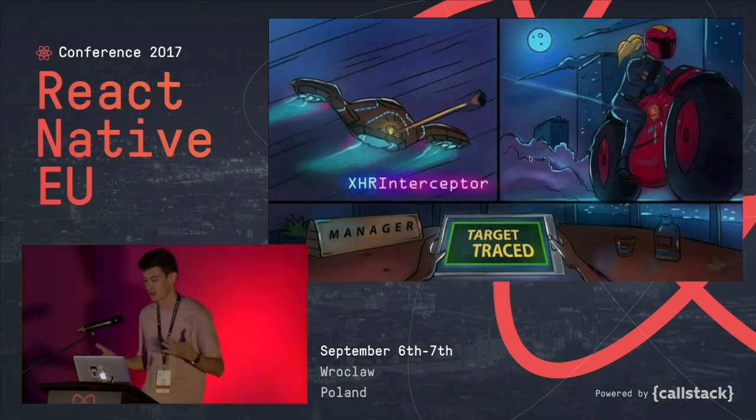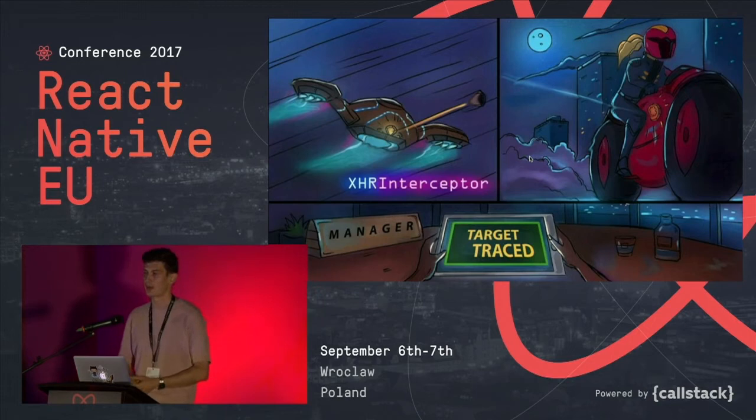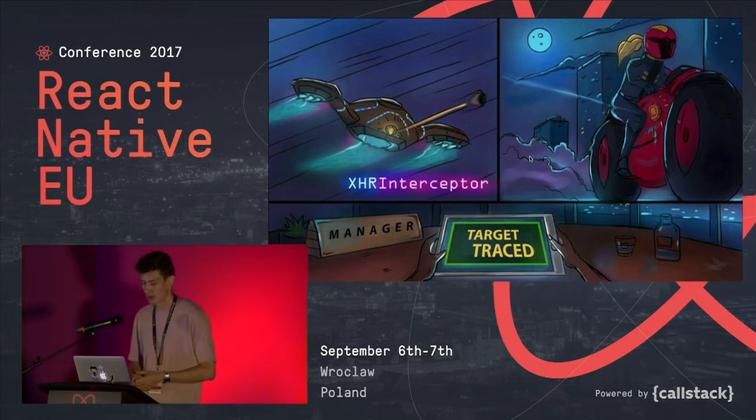You can use XHR interceptor. And this is actually a private class of React Native, and it's not documented anywhere, but basically it is capable of overriding standard XMLHttpRequest in order to attach some places where you can bind callbacks.